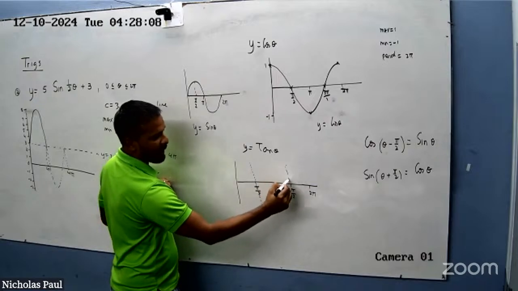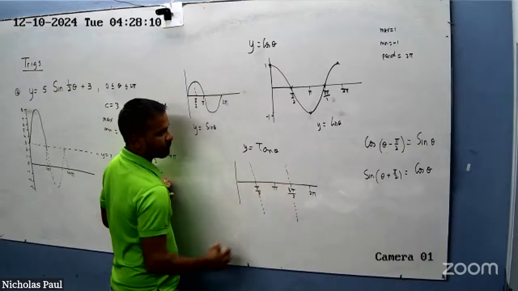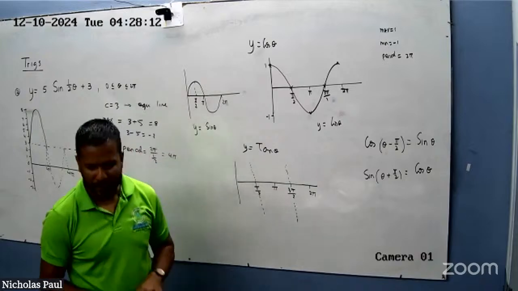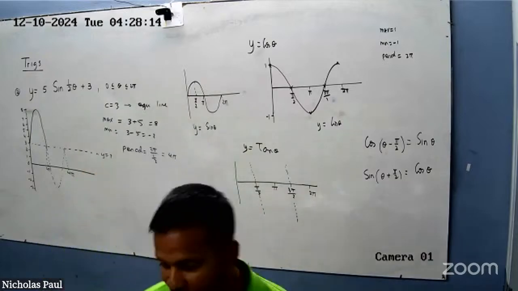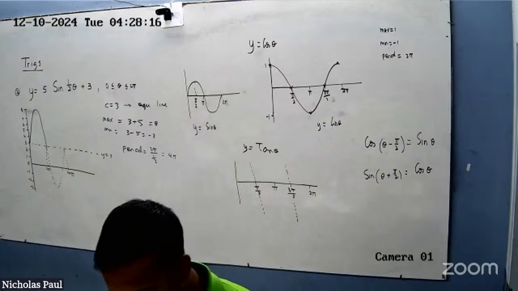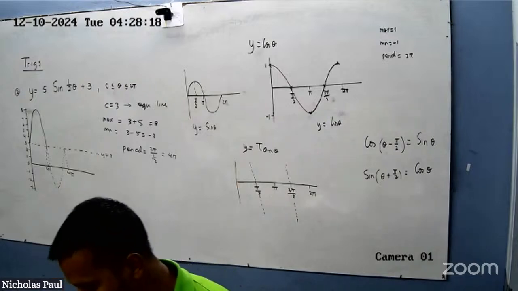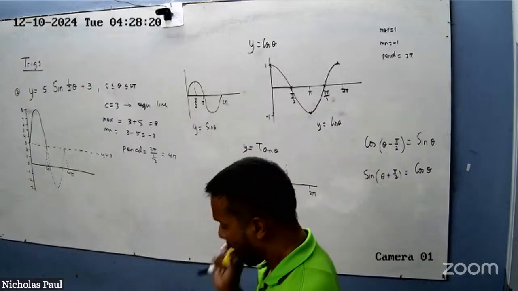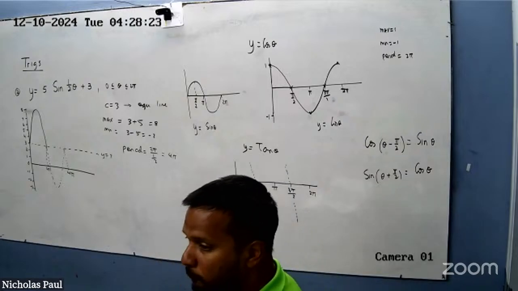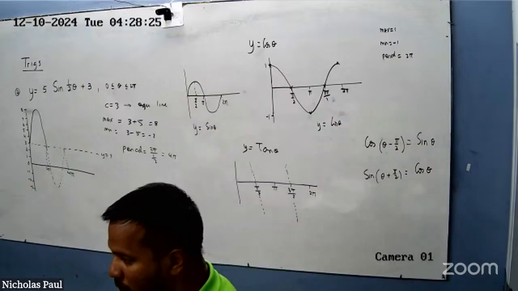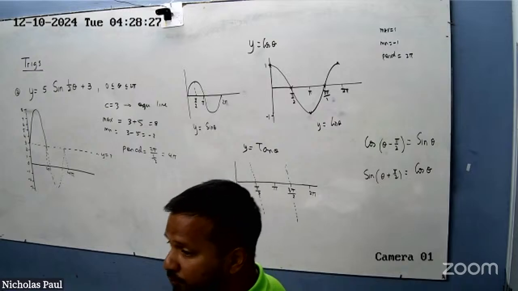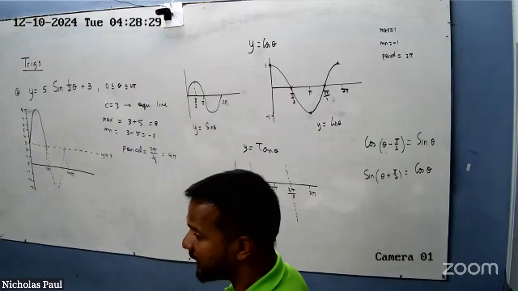We'll take a calculator and find tan pi on 2, and you will see something happening. Error, right? So that doesn't exist.